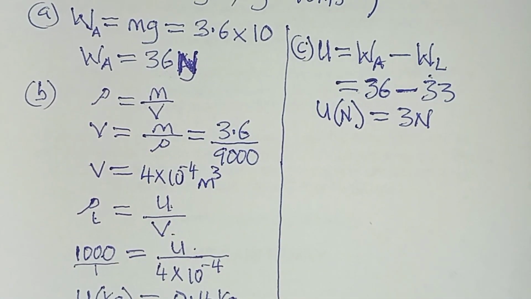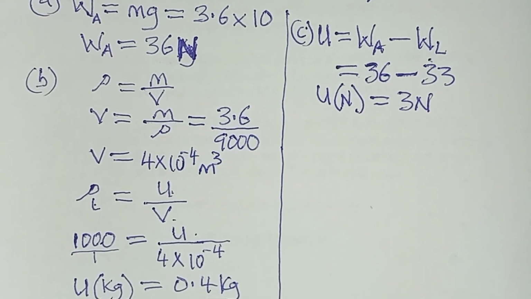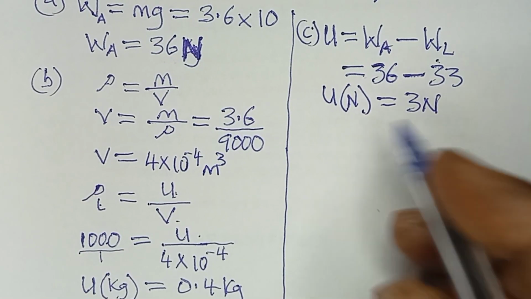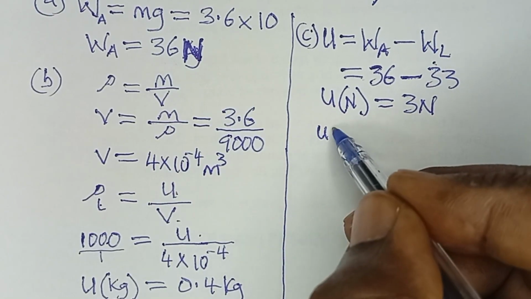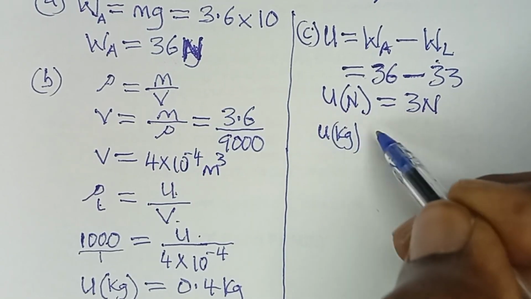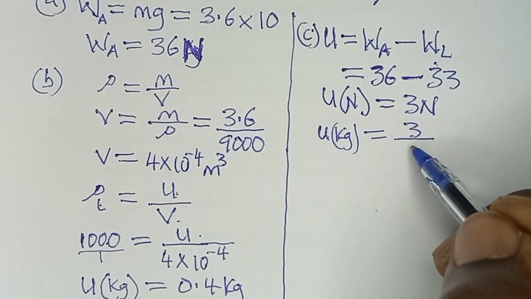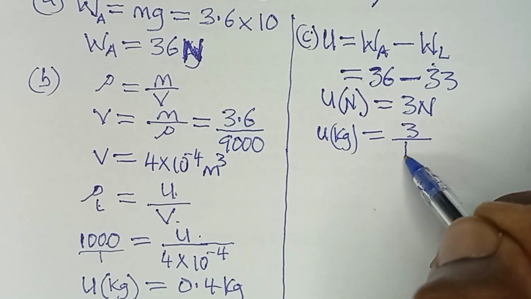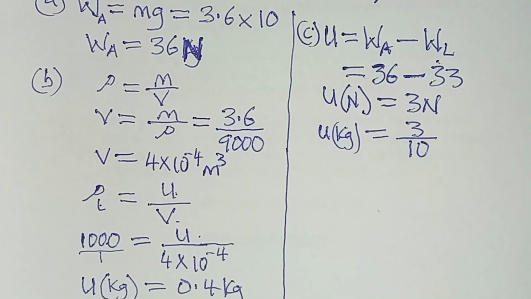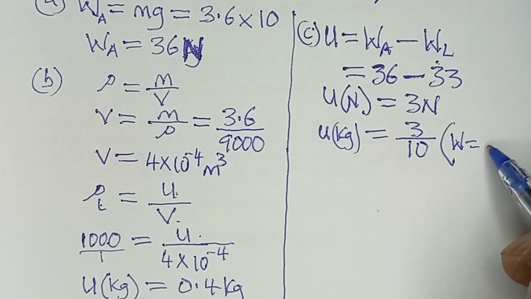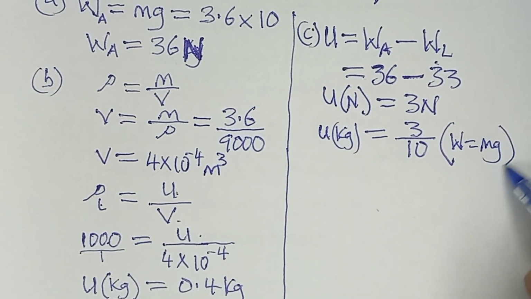But we need to find the upthrust in kilogram before we can use it in the density formula. So upthrust in kilogram now will be equal to 3 over acceleration due to gravity, which is 10. Don't forget, weight is equal to mg.